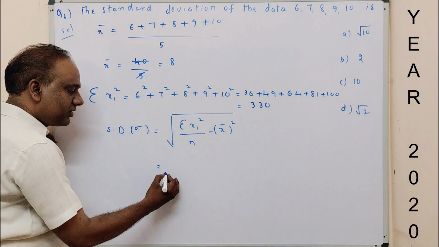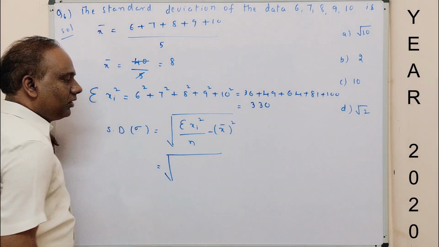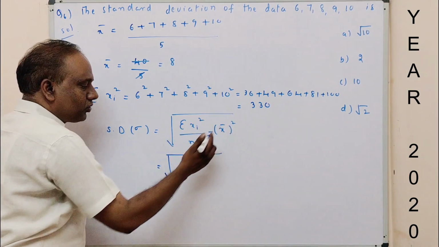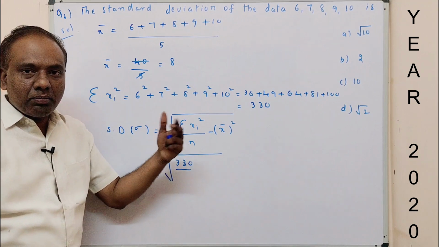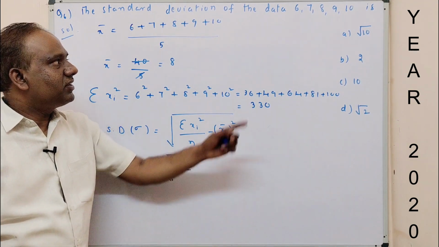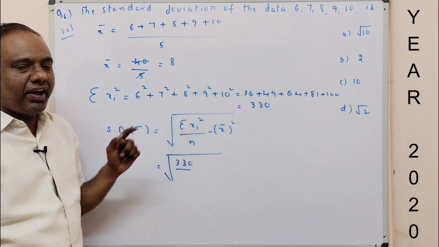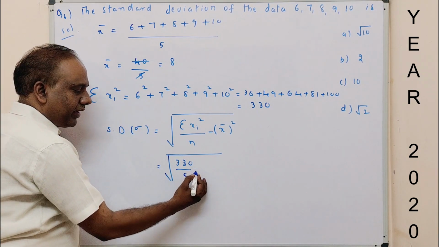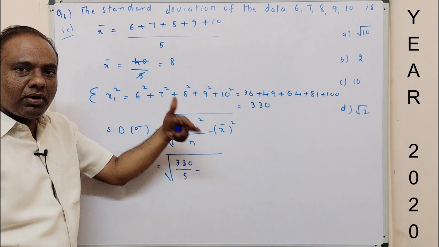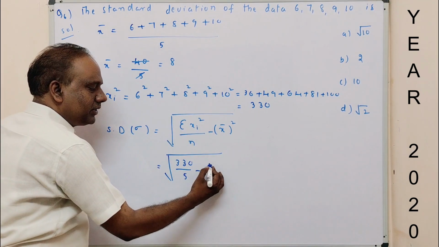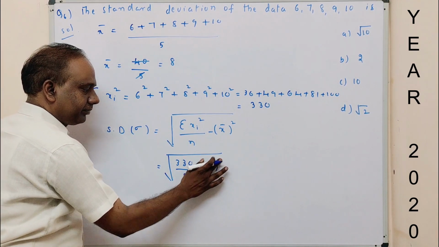So standard deviation is equals to square root of summation of xi whole square is 330 by, here n means number of observations. Here number of observations are 5. So 5 by, mean is equal to 8. So x bar whole square, that means 8 square.